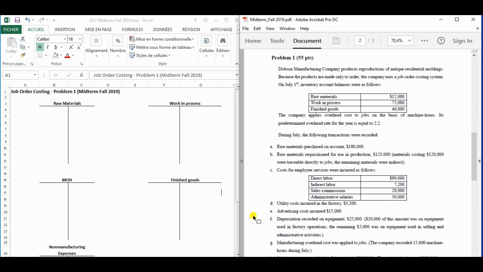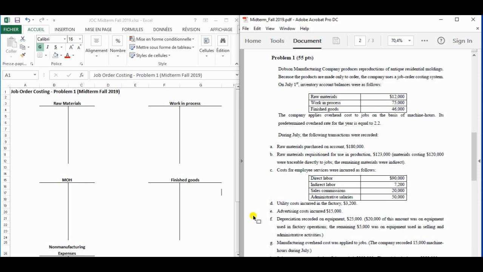Okay, so to orders. On July 1st, inventory count balances were as follows. So the beginning inventories of raw materials, work in process, and finished goods are given. So the first step is to record the beginning inventories of these accounts.